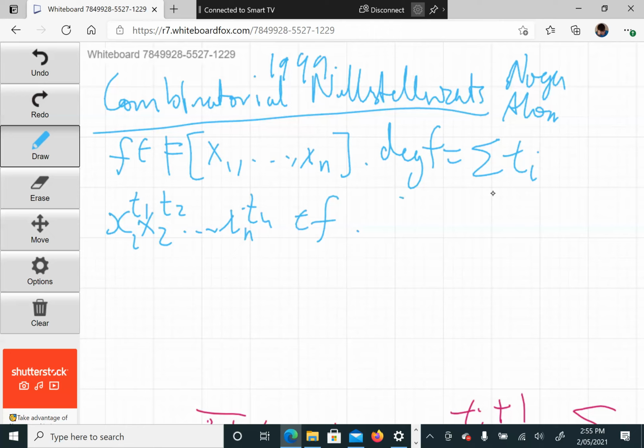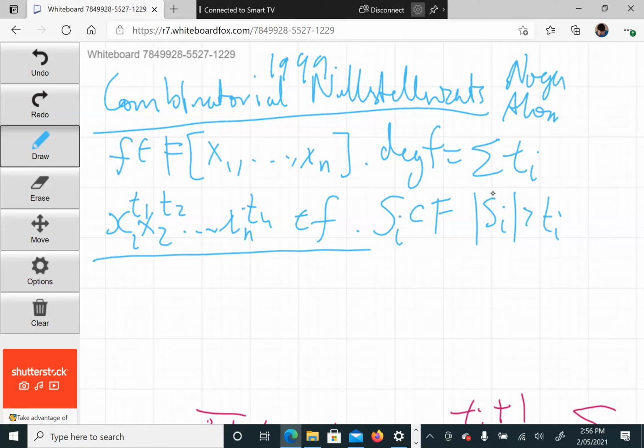So you have Si, a subset of F. And the Si's are bigger than the ti's. Seems very much like lemma 0.